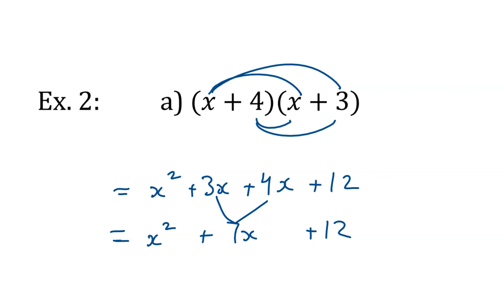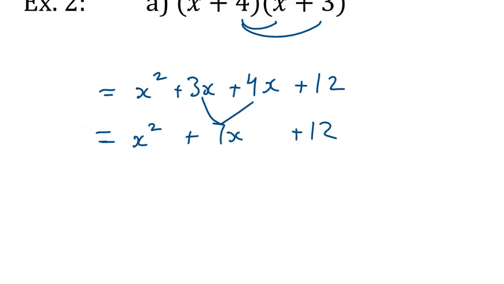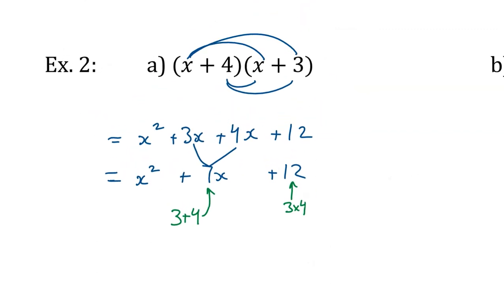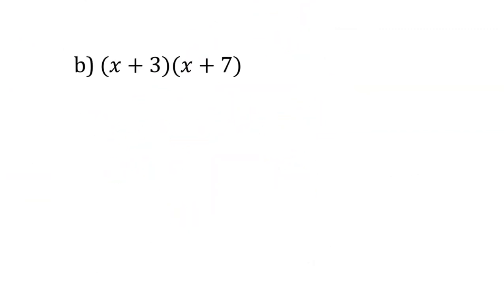Okay, and then as you remember, I think you probably do, when we have different signs like negatives and stuff, it's a little bit harder. You got to think about the signs, but we'll get to that when we get there. So I'm just going to make a little note again. This is 3 plus 4, and this is 3 times 4. And that's that pattern of expanding. Okay, give that one a try.